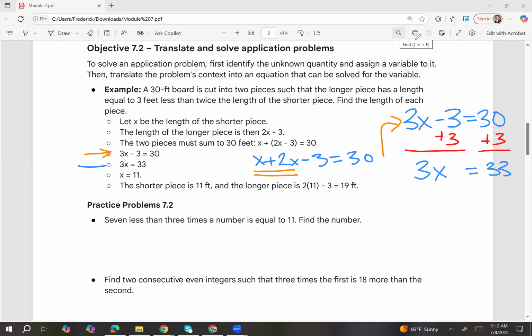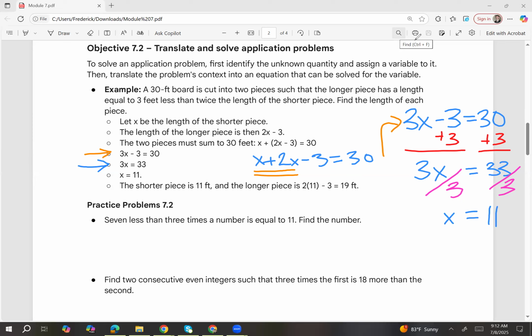And notice over here in the list view, that's where we are. We're at the point where we can divide both sides by 3, which is multiplied by the x, to undo that operation. That will eliminate the number in front of the x, leaving it by itself. And then take 33 divided by 3 on the right, and we get 11.